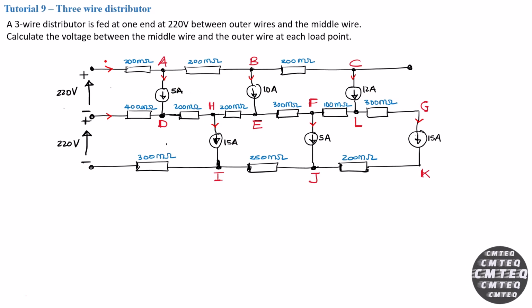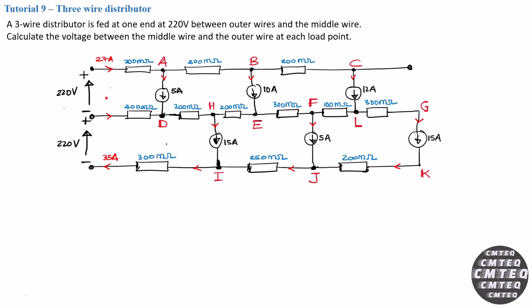Summing them up, that basically leaves us here with 27 amps. And you can do the same at the bottom here. We've got 15, 5 and 15, that is 35. So you've got 35 amps of current flowing that way.